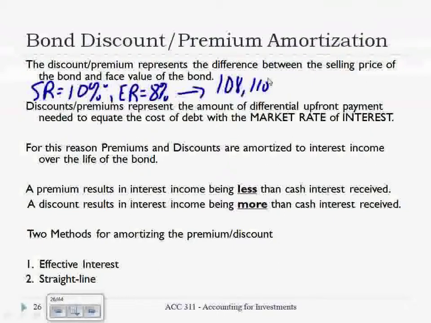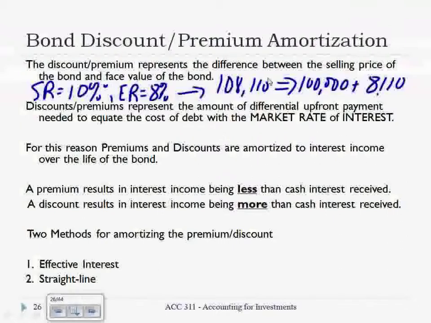And that created a selling price of $108,110. So in this situation, we have a premium because it's $100,000, which is the face value, plus the premium of $8,110, and that premium has to be amortized.